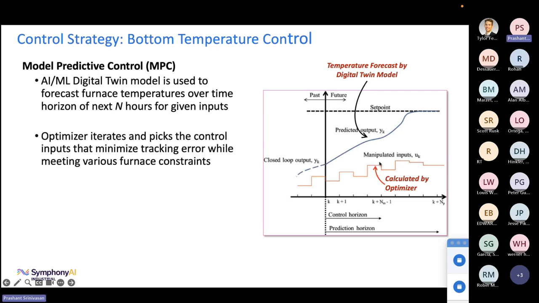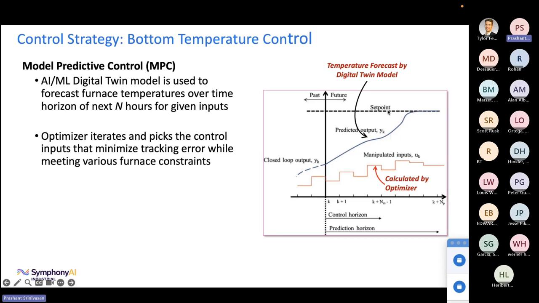And then you have a set point, which is coming from your higher level real-time optimizer. And then your model predictive controller will iterate and pick the sequence of control inputs, which could be the fuel flow set points and air to fuel ratio set points that steers your forecasted temperature towards the set point, right?